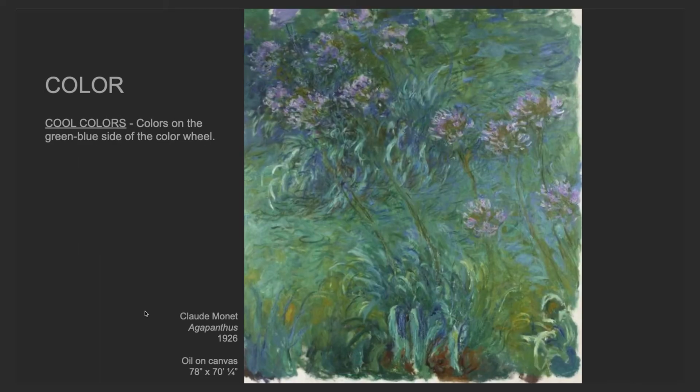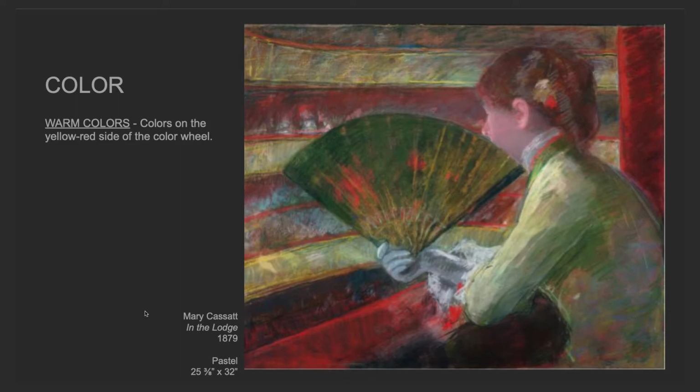Cool colors are purple and blue and green. They make you feel cool, physically feel cool. Warm colors like red and yellow and orange are your warm colors that make you feel physically warm.